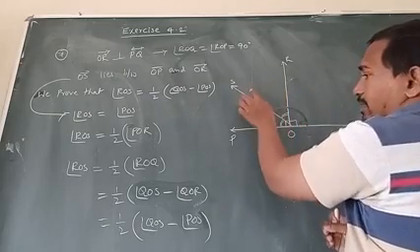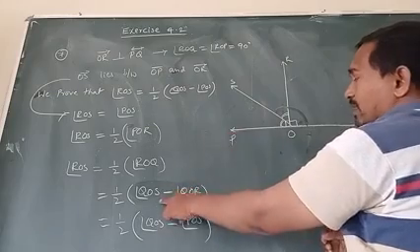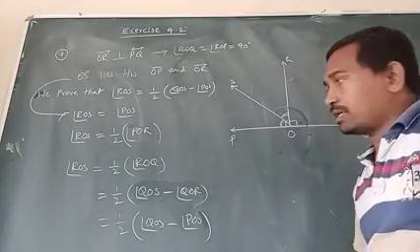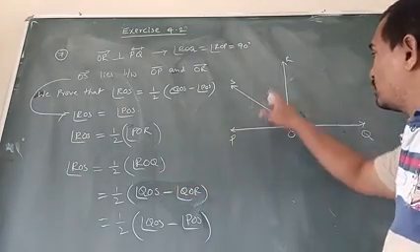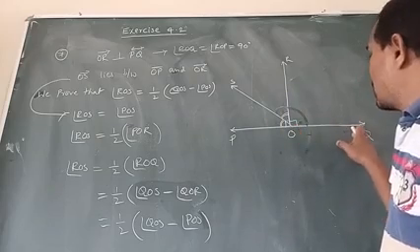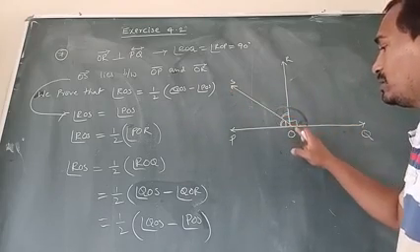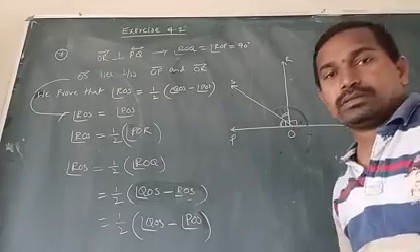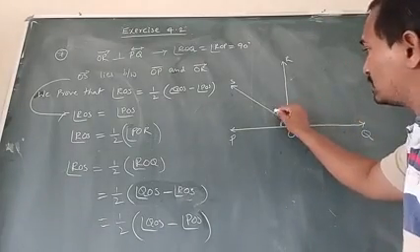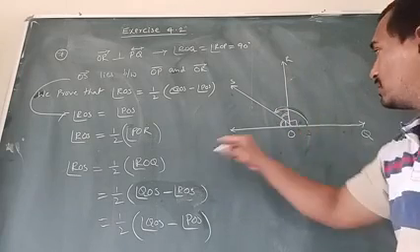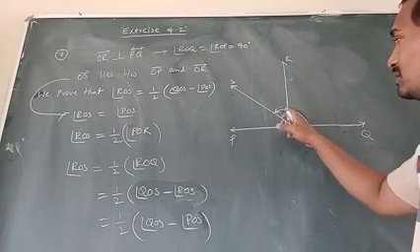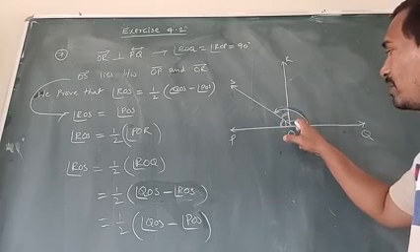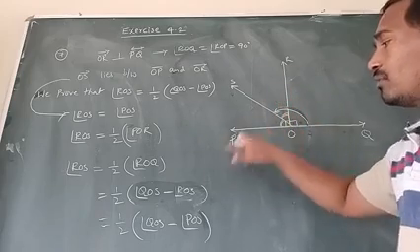So ROQ equals QOS minus ROS. See, this total angle can be written as ROQ plus ROS, so this right angle is the total angle minus ROS.